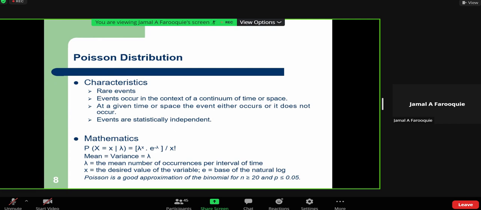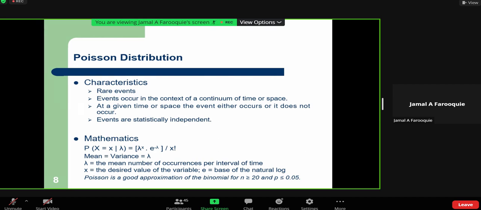Yeah. Okay. Coming to this Poisson distribution, the characteristics involve rare events, means this distribution describes situations where events occur rarely. Rarely means number of trials बड़े होंगे और probability of success छोटी होगी. So that is what we mean by rare events, and events occur in the context of a continuum of time.